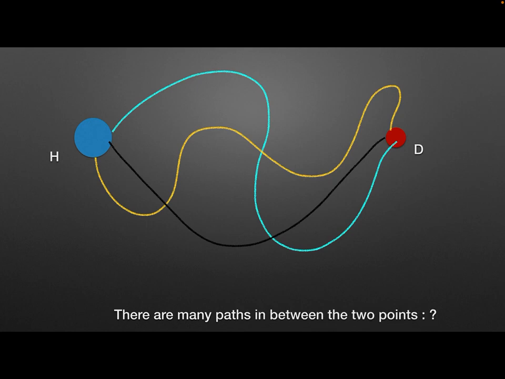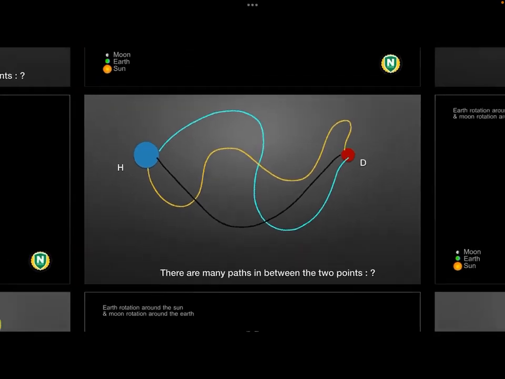Here I want to be very clear with the words. That path, I have always used the term path. I have never used the term distance or displacement. And later we will discuss that.